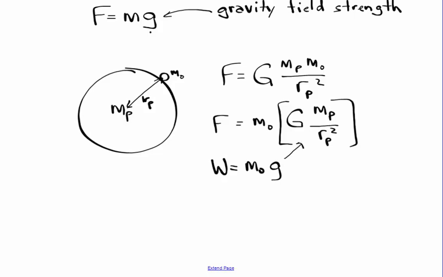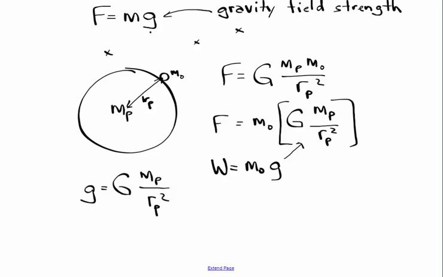So for instance, if I took g, and I'm making a new formula here, that this is the mass over r squared. And by the way, it doesn't have to be a planet. This is a general equation that could tell you how big g is out here, or anywhere in the vicinity of this large body. So this g is the mass of that body, and then the r is the distance away from the center of it.